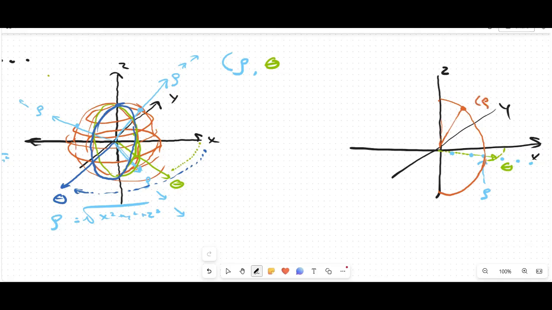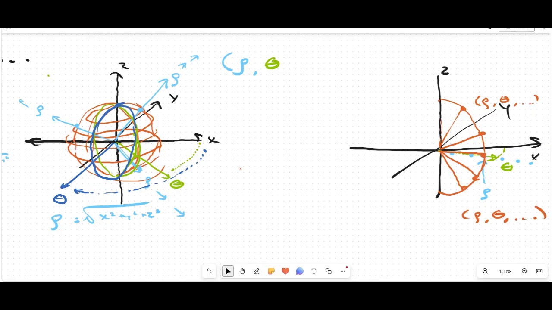It would have a certain rho and a certain theta and a certain something else. We could choose that point. We could choose this point. We could choose this point or this point. And all of the points we've just chosen have the same distance to the origin and the same angle in the XY plane.